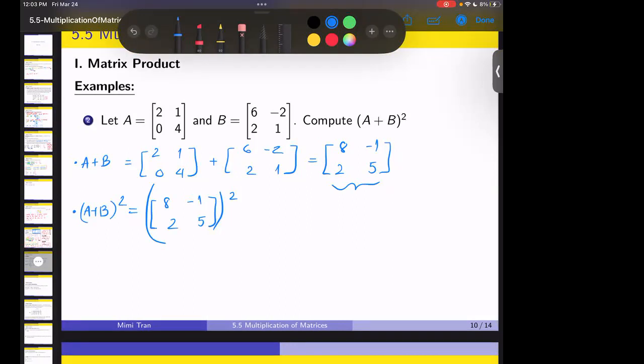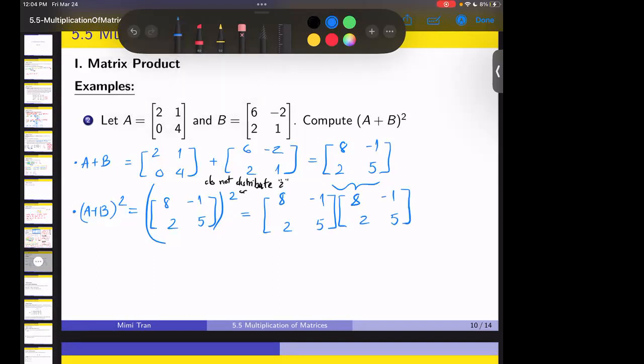You have to write it out twice and you multiply them. Do not distribute 2.